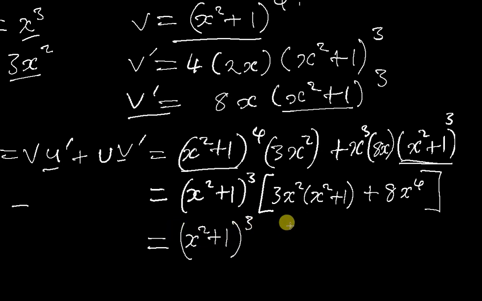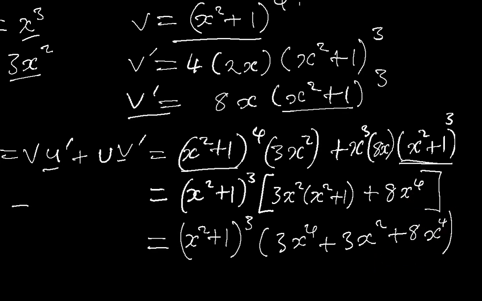Then when you multiply this and that, you're just going to get 3x to the power 4, plus 3x squared when you open the brackets, and then you have 8x to the power 4 there. Then you close the brackets there.